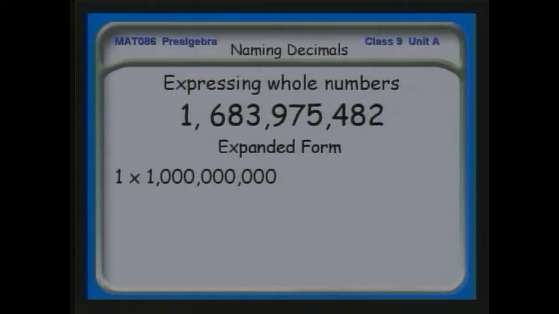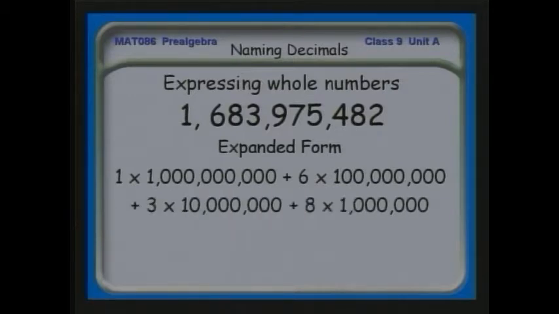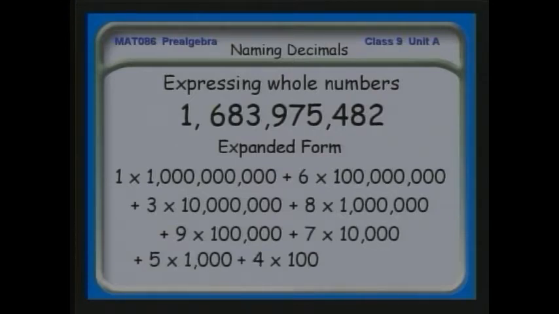For example, the billion is 1 times a billion, 1 with 9 beautiful zeros after it. 600 million, and so forth, in decreasing powers of 10 until we finally hit 8 times 10, 80, and 2.